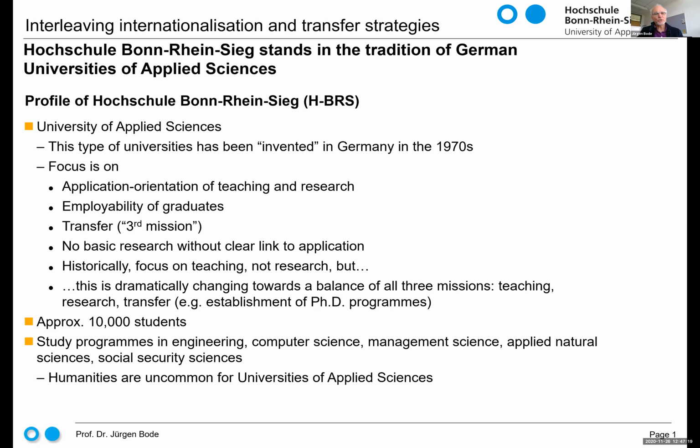So research also plays an increasing role among universities of applied sciences. My university has approximately 10,000 students with study programs in engineering, computer science, management science, applied natural sciences, and social security sciences. So it's a bit typical for universities of applied sciences. Humanities are uncommon for this type of university because they're naturally not very transfer oriented.